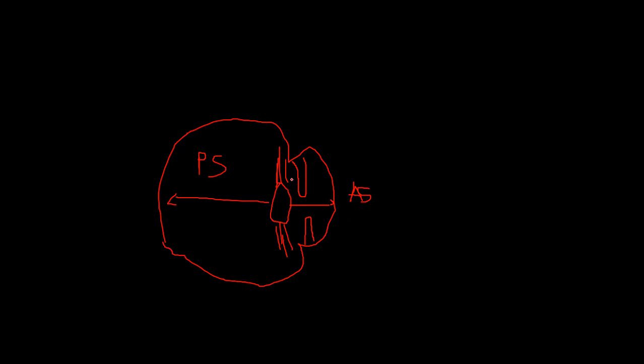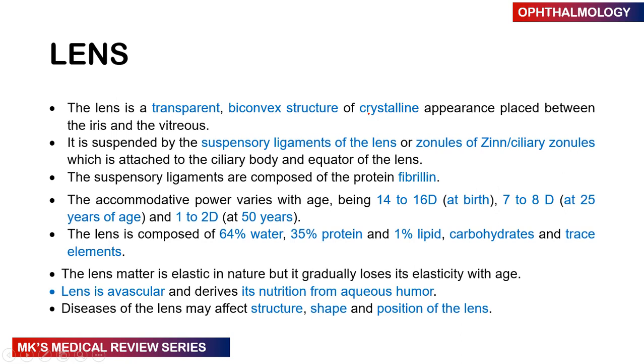Then the anterior segment is further divided into an anterior chamber, which I shall call AC, and a posterior chamber, which I shall call PC. So you have an anterior segment with these 2 chambers and a posterior segment of the eye. That's the division that's taking place.